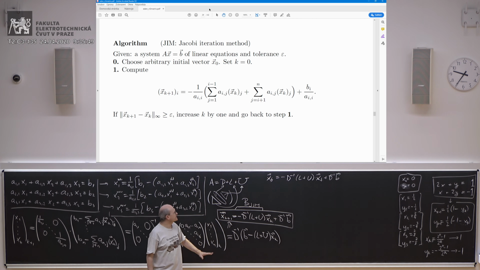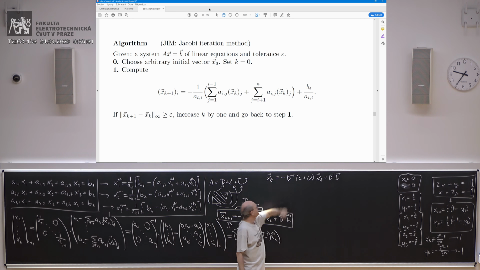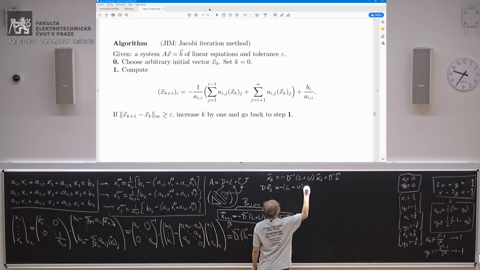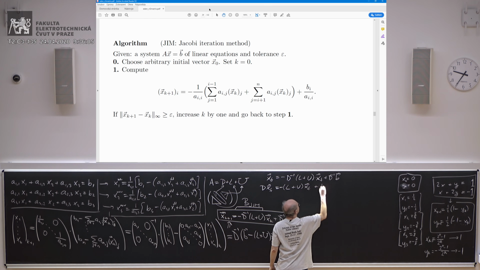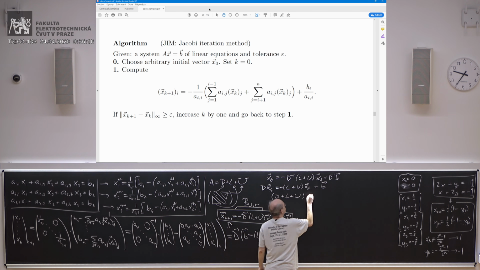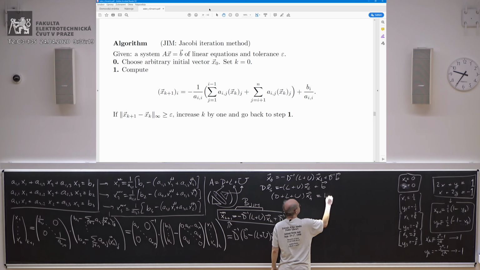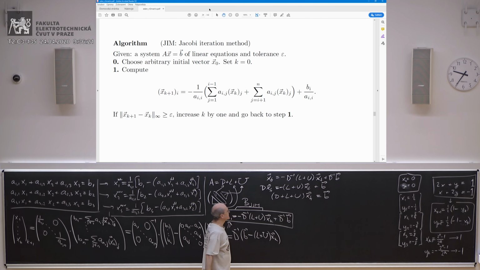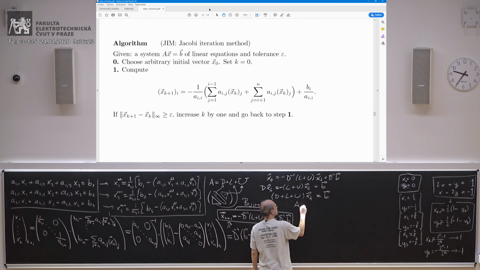If the iteration succeeds, then the final vector, the limit of the xk, should work like that. I just multiply this equation from the left by D, and I get (L plus U) xf on the right plus B. And now I move xf to the left, and I factor out matrices, and I get (D plus L plus U) xf is equal to B. And this is actually the original matrix A of the system.